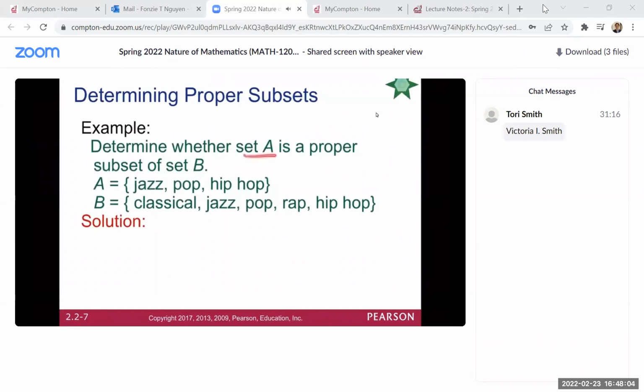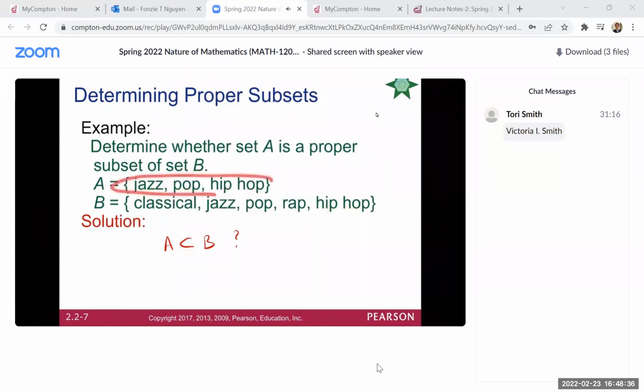Determine whether set A is a proper subset of B. So in other words, is A a proper subset of B? Just think of it as less than, but not equal to. Are all these in here? Yeah, jazz, pop, and hip hop, but not rap. So we got jazz is in there, we got pop is in there, and we got hip hop is in there.